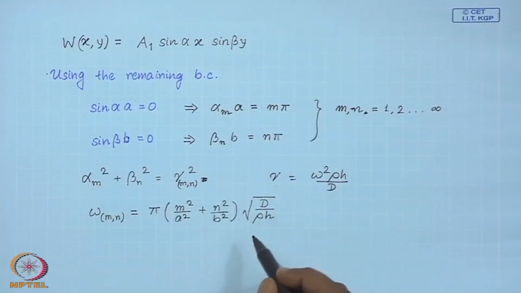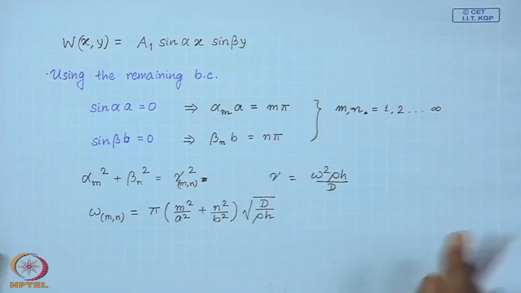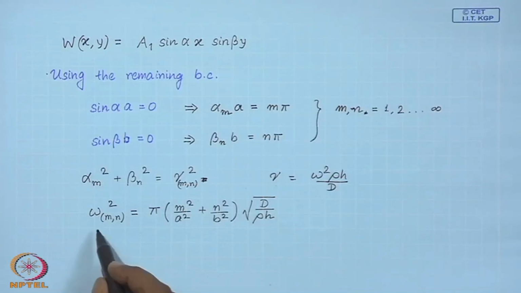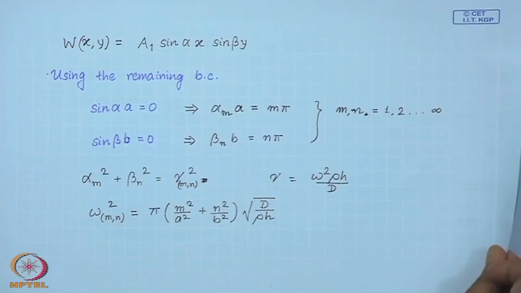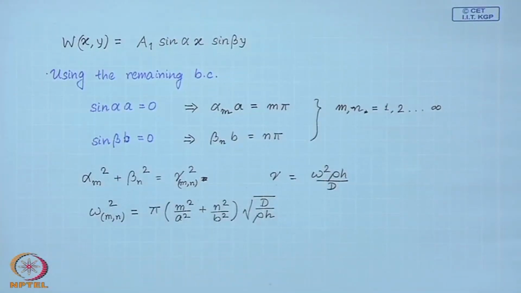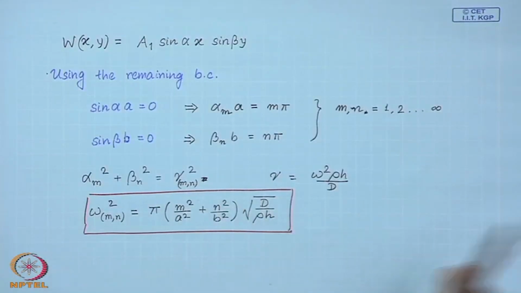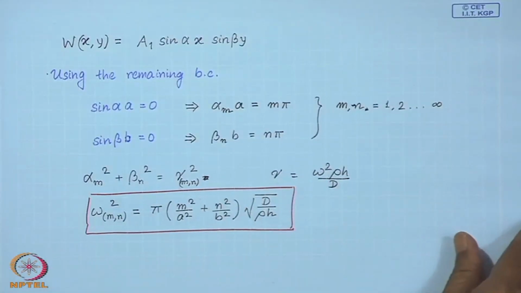So, that is what we are going to obtain, so omega m n square is given by this. Now, we obtain the circular natural frequencies of the plate.